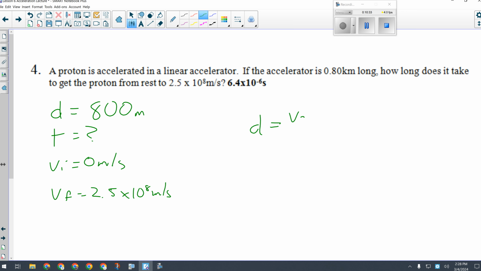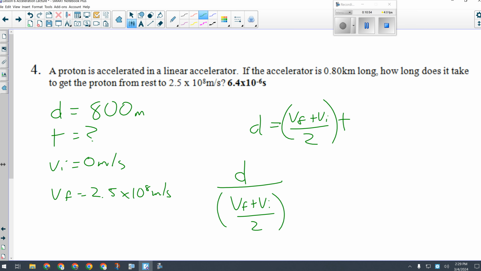D equals VF plus VI over 2 times T. Okay, so if I want to get T by itself, I just divide the whole bracket over to this side. So I'll have D over VF plus VI over 2 equals T.